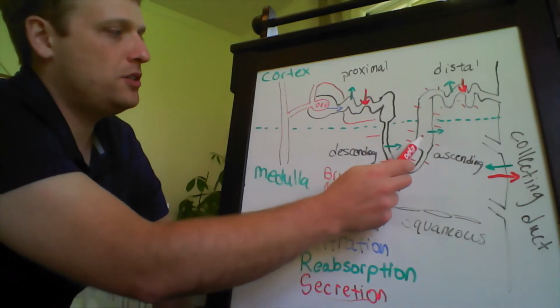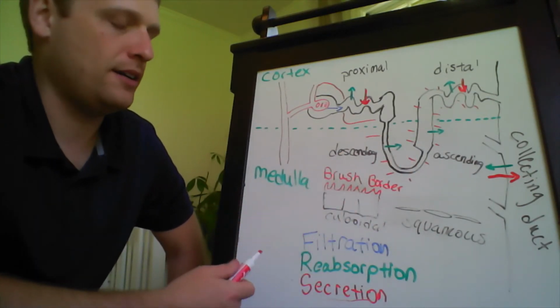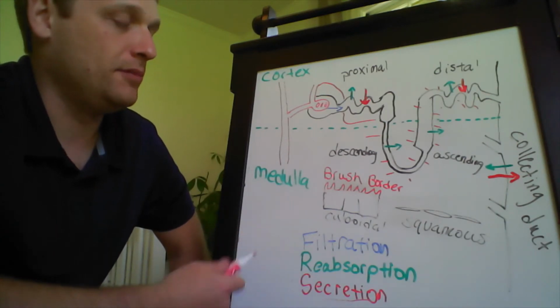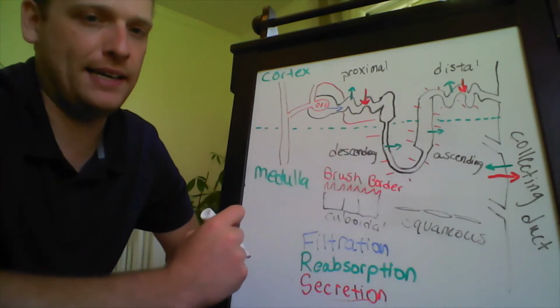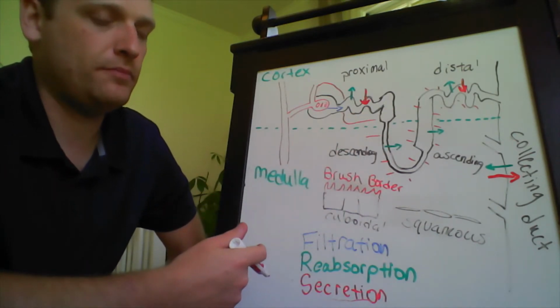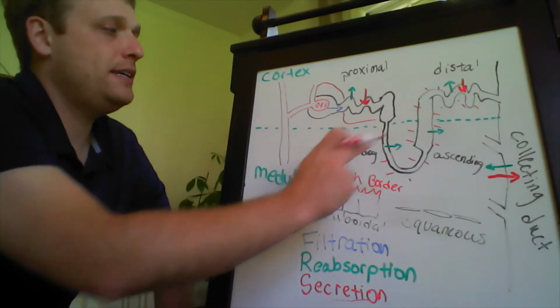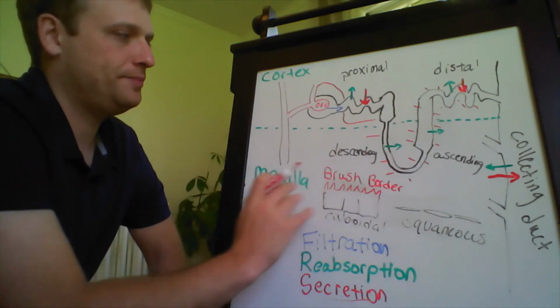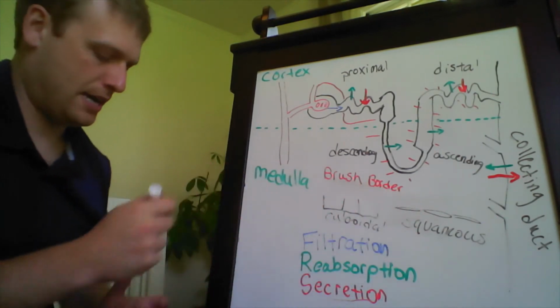Once you move on to the thick ascending limb of the loop of Henle, you get a transition back into simple cuboidal epithelia. But these epithelia here, in the thick ascending limb, contain no microvilli.